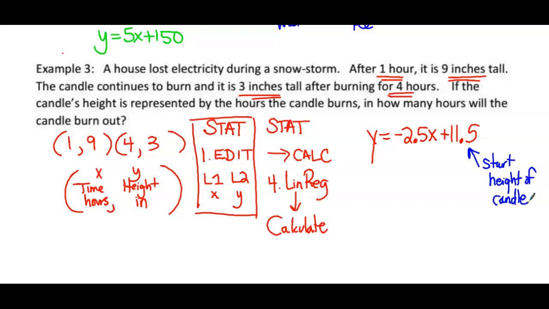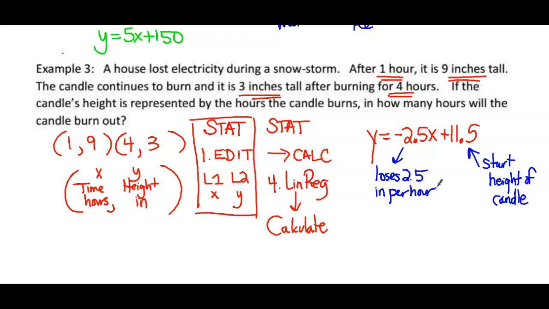And then this negative 2.5 is how much it loses, 2.5 inches per hour. When the candle's burning, it's losing 2.5 inches of the candle per hour. Make sure you know what your equation means.